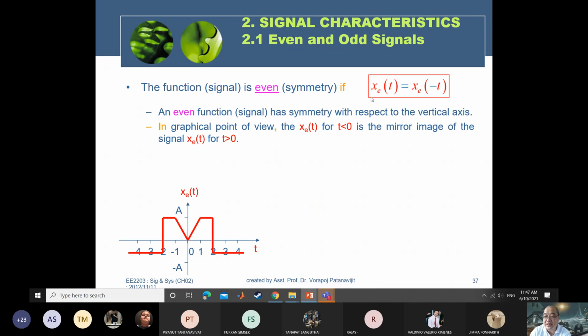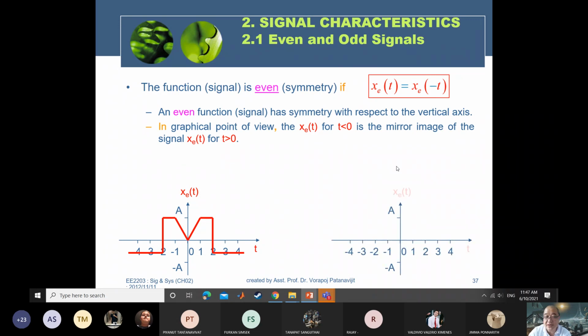It means the signal is equal to its time reversal. You must compute the time reversal first, and if the result is identical to the original one, the signal is symmetric, or even.